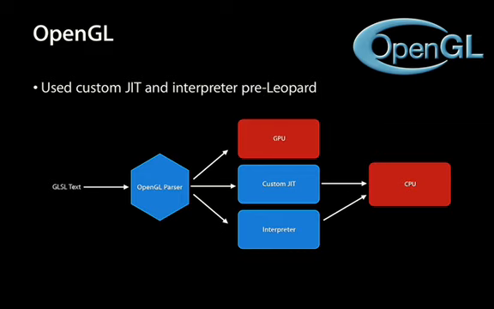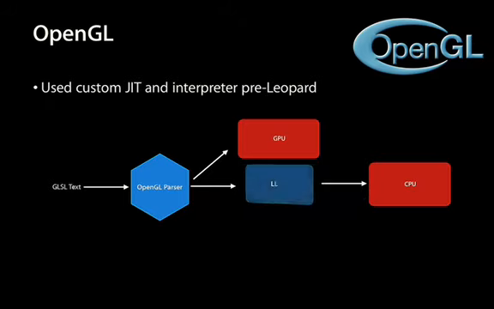So one of the ways to deal with this problem is to fall back to an interpreter that supports all the features and runs on all the platforms. The problem with the interpreter is it can be over 100 times slower in some cases. So we have replaced the OpenGL implementation with one that's based on LLVM. The great thing about LLVM's code generator is it can target a variety of different architectures.